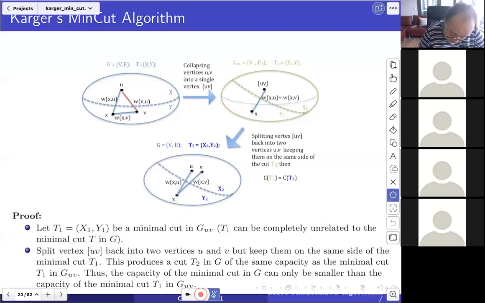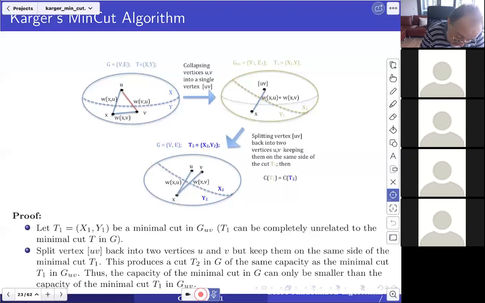Well, we prove that for every cut, not even necessarily min cut, just for every cut in the new graph, you can construct a cut in the original graph that is of exactly the same capacity. How do we do that? Well, take any cut here, right?